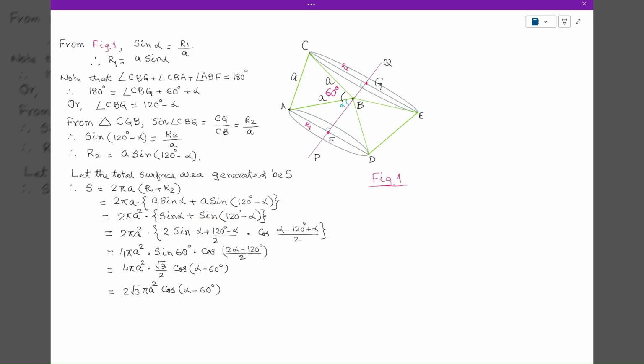If you take out 2 outside, we get 4 pi a square, and this becomes sin 60 degrees because alpha and alpha cancel out, and this becomes cosine of (2 alpha minus 120 degrees) divided by 2, which is 4 pi a square, sin 60 is root 3 by 2, and this becomes cos of alpha minus 60 degrees. So the whole thing becomes S is equal to 2 root 3 pi a square multiplied by cos of alpha minus 60 degrees.